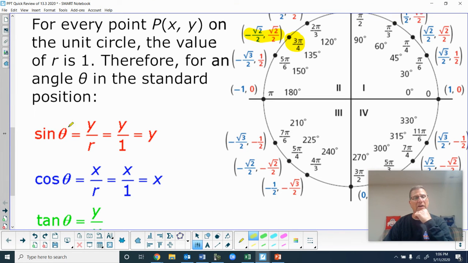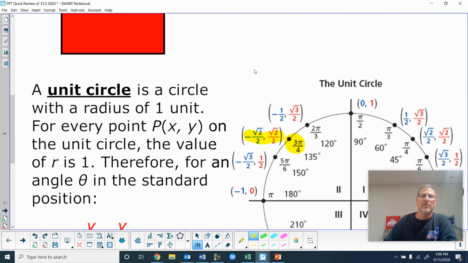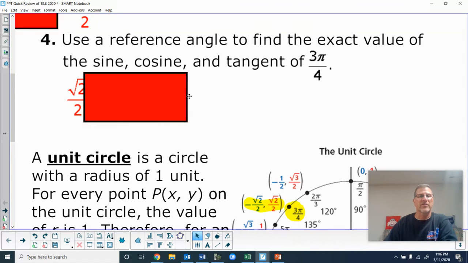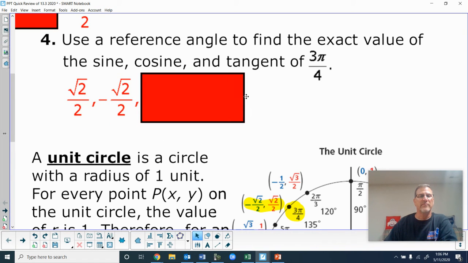Remember, alphabetical order for x and y, cosine and sine: C comes before S in the alphabet, so the cosine in our ordered pair comes before the sine. So there are 2 of the answers, just by looking at that point.